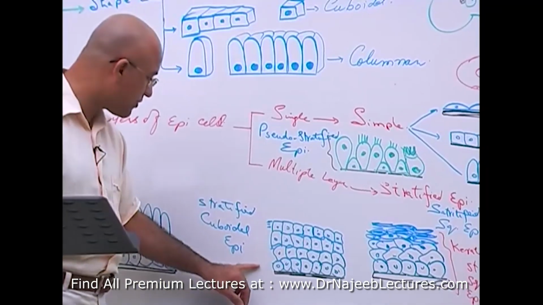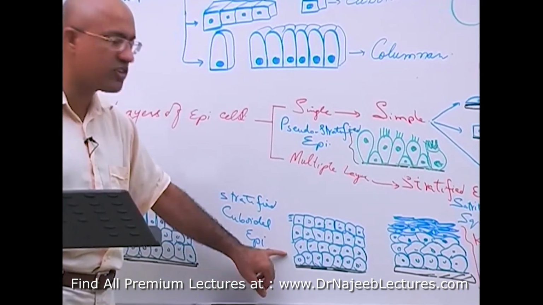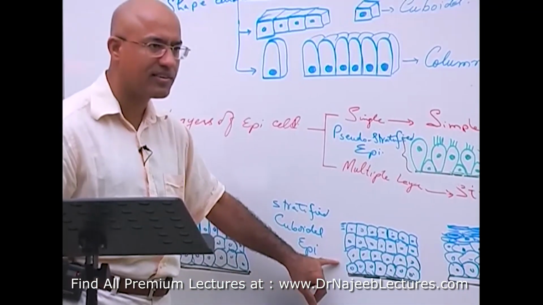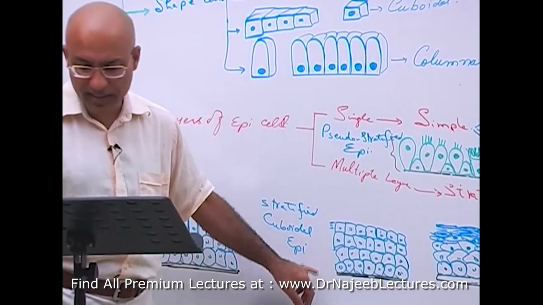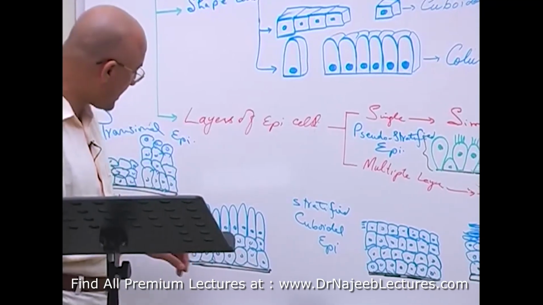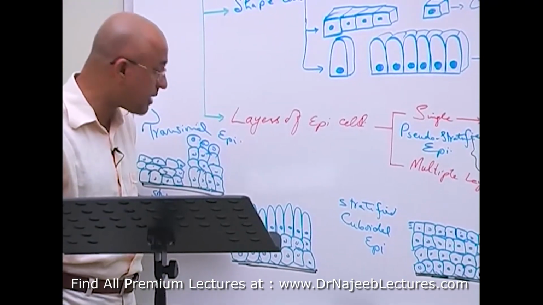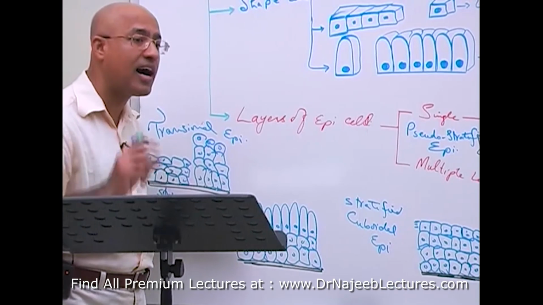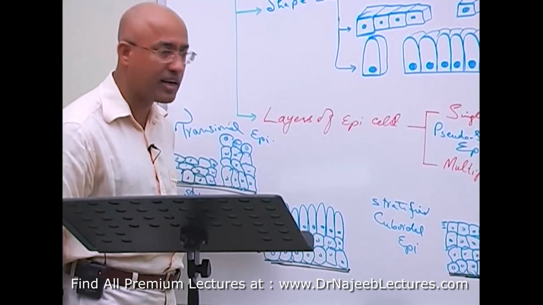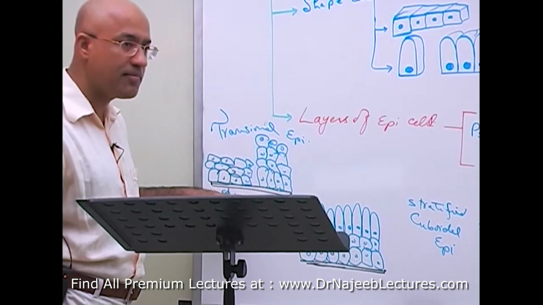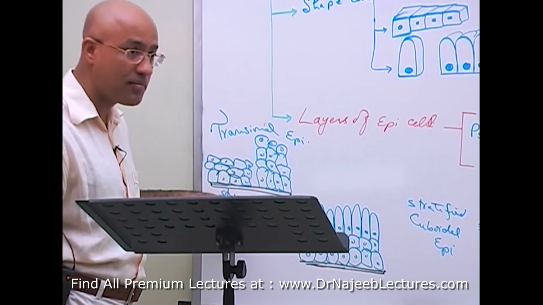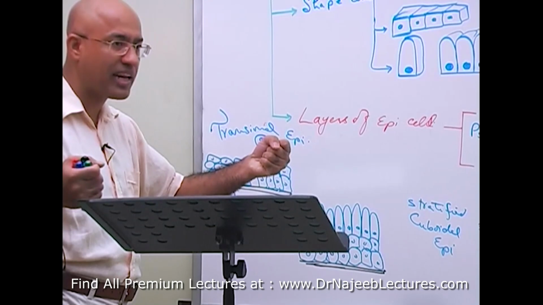And then we come to stratified cuboidal epithelium. This is present in ducts of some glands. And stratified columnar epithelium is also present in large ducts of the gland, right? And in the end, what is there? Transitional epithelium, right, which is multi-layered epithelium, but when it is stretched, layers become relatively less.